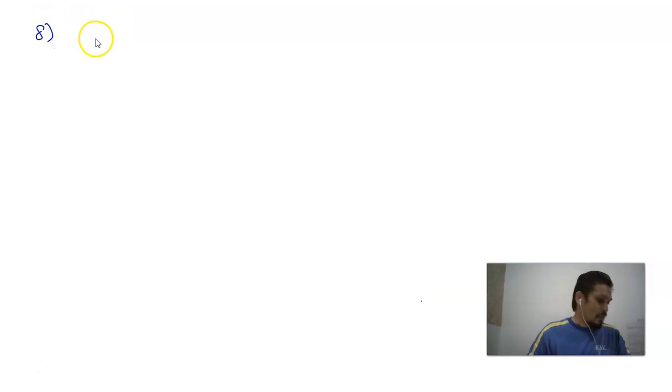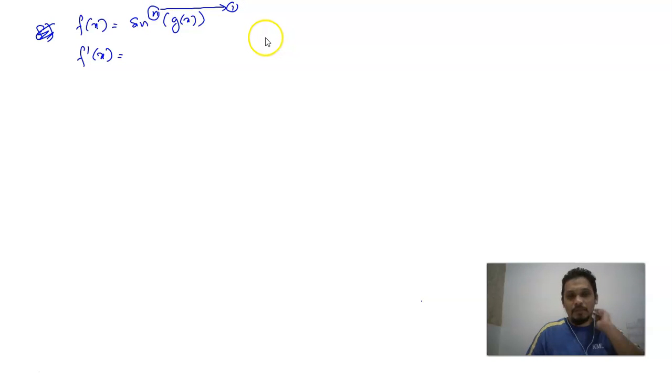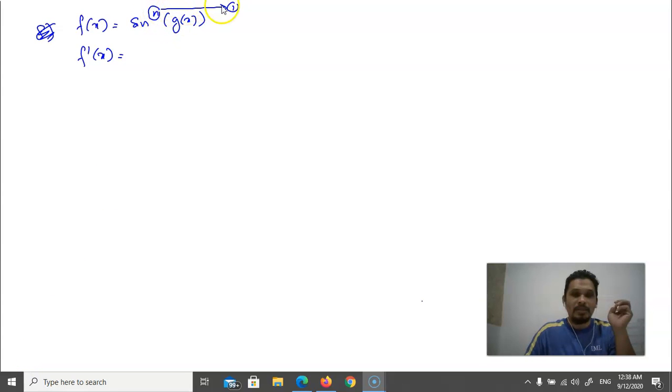Before that, let f(x) equal any trigonometric function, let's say sine to the power of n of g(x). So f'(x) equals... this is the first priority that we need to derive first, the power n.